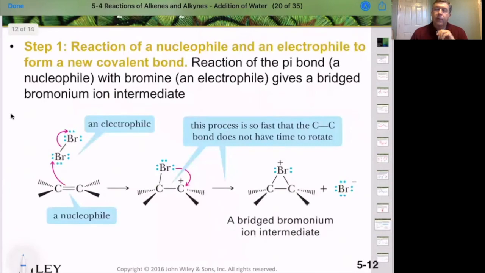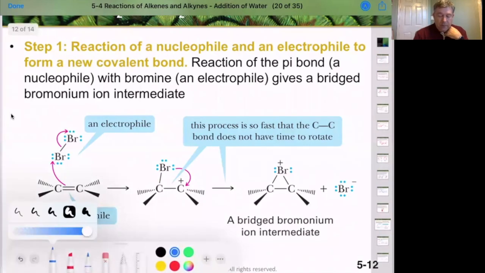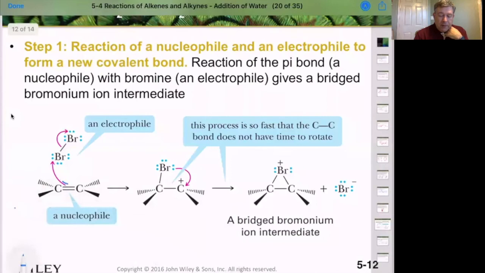Okay, so let's think about this mechanism here, okay? So let's go back to what we have in our double bond here. We have those extra electrons in that pi bond, and they're going to react first, right? So in this case here, we have the electrons from the double bond reaching out to grab one of the bromines. When it does that, it uses its electrons to make a new sigma bond.